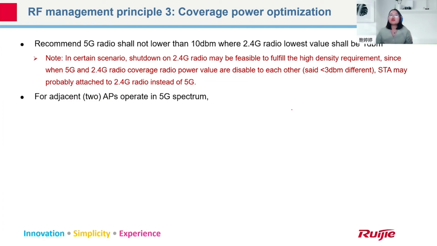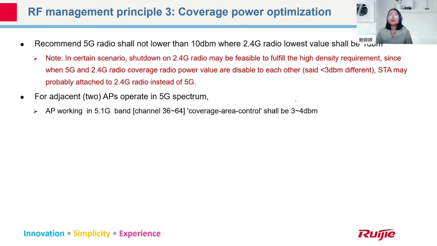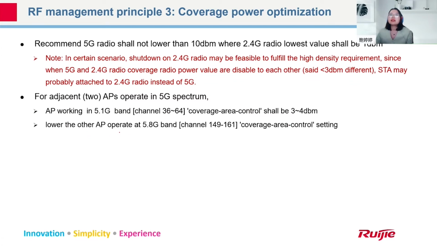And for two adjacent APs operating on separate 5G channels, because we have two channel ranges we can use on 5G: one is 5.1G, with channels from 36 to 64, and the coverage value suggested is 3 to 4 dBm, lower than the other AP operating at 5.8G, with channels from 149 to 161.